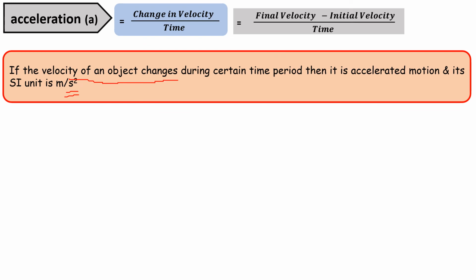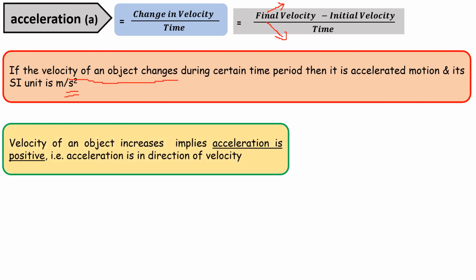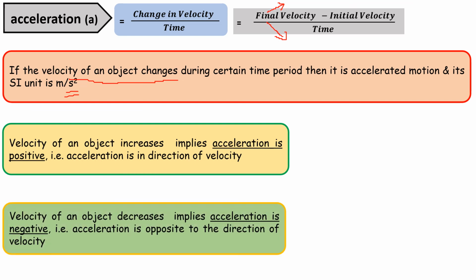Now this change can be such that the final velocity is greater than the initial velocity, or the final velocity is less than the initial velocity. And accordingly we have positive acceleration and negative acceleration. So when the velocity of the object increases with time, it implies acceleration is positive.